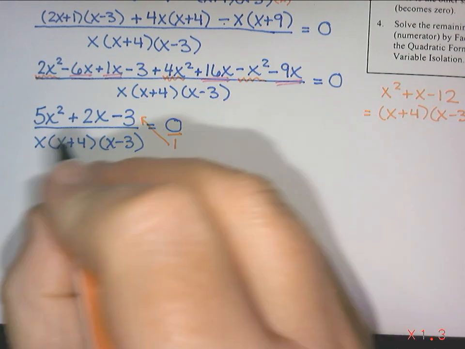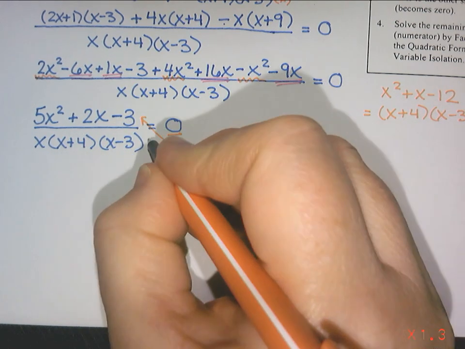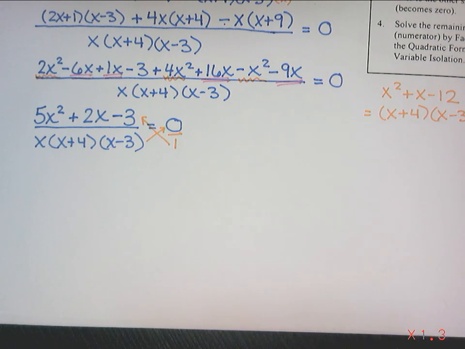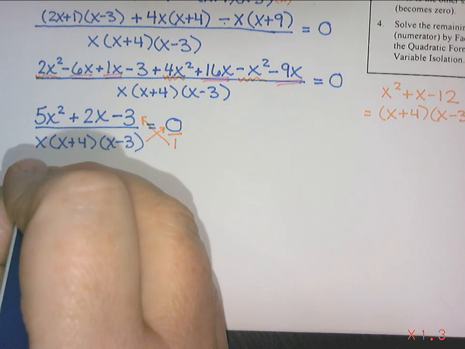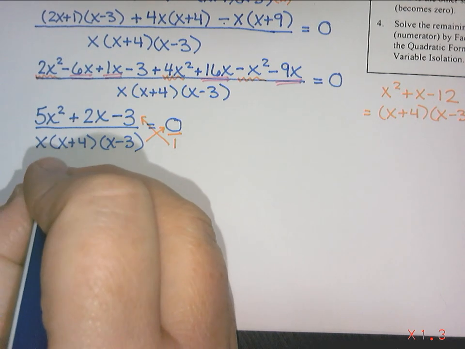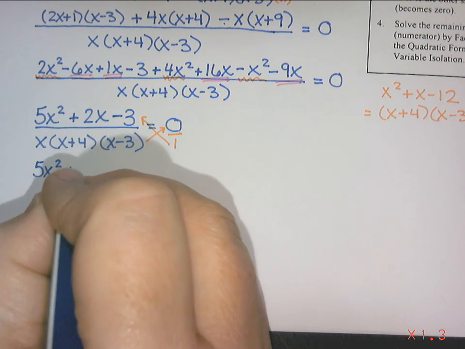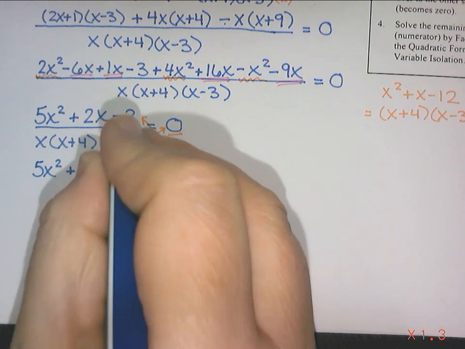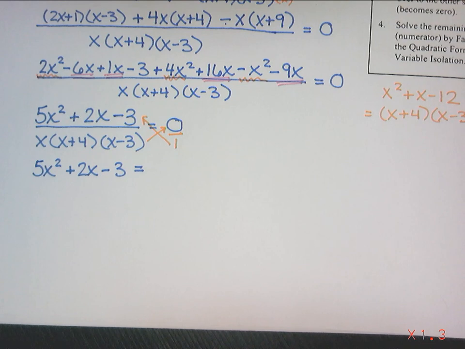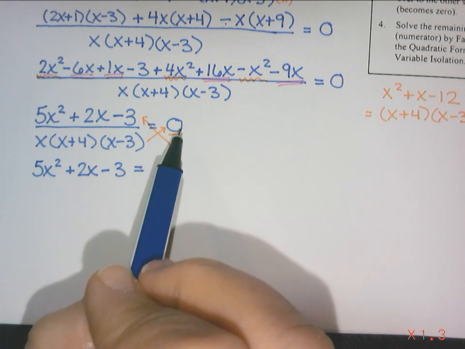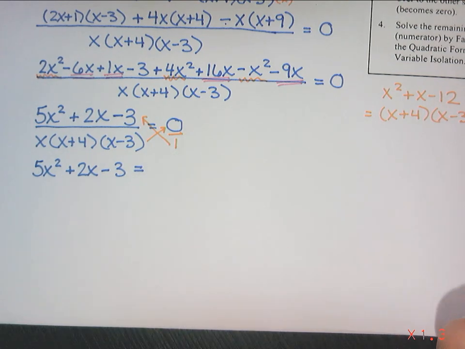And then we are going to take x times x plus 4 times x minus 3 and multiply that by 0. So 1 times 5x squared is 5x squared. 1 times 2x is 2x. And then 1 times -3 is -3. On the other side, anything times 0 is 0.